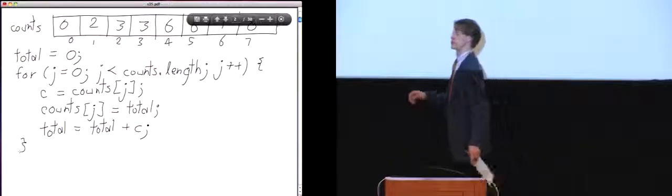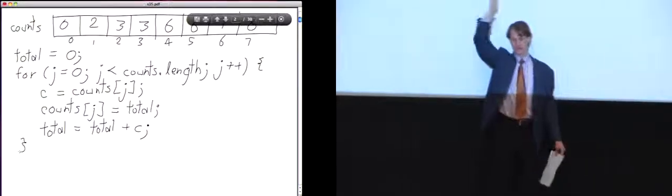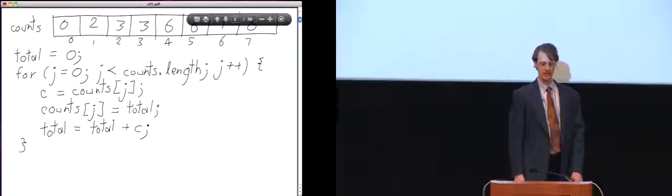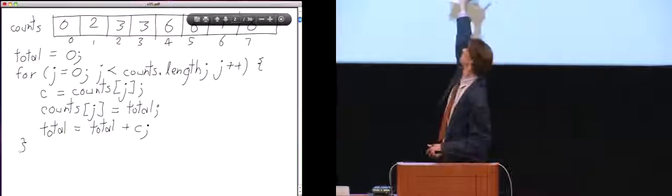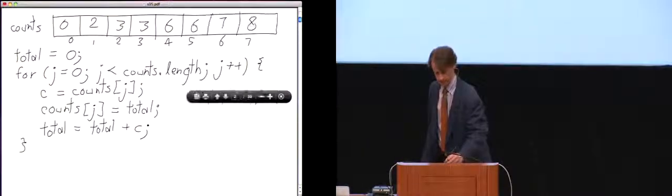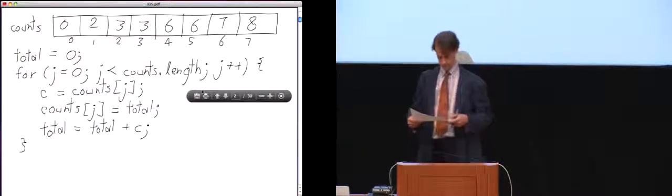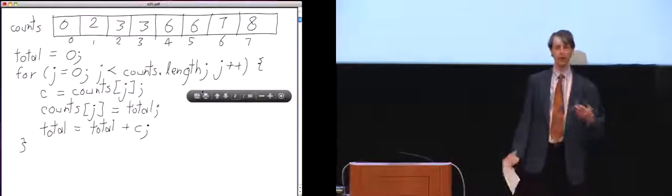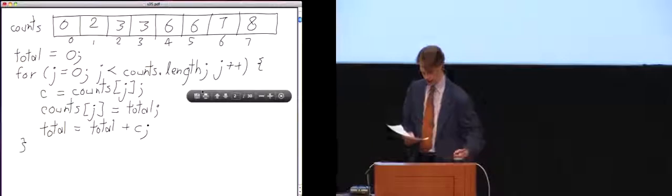So this code keeps a running total in a variable total as it goes from left to right across the counts array and adds up the numbers. And that's how you get that array of numbers up top. So again, this tells us where to put things in the output array, which I'm going to call Y.